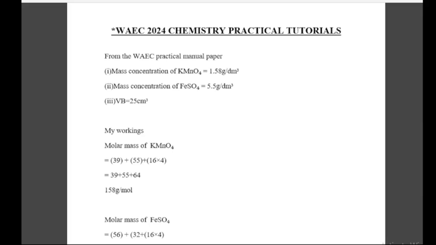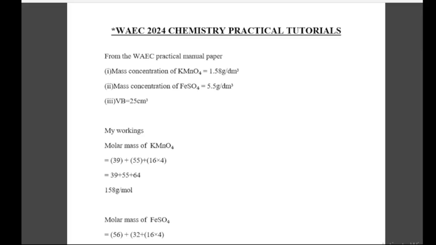For our acid, the potassium permanganate, it is 1.5 grams per dm cube. And then the mass concentration of our base, which is the iron 2 sulfate, is 5.5 grams per dm cube. And so we will definitely be using the volume of base to be 25 cm cube. That is going to be the size of our pipette that we will be using for this particular titration.